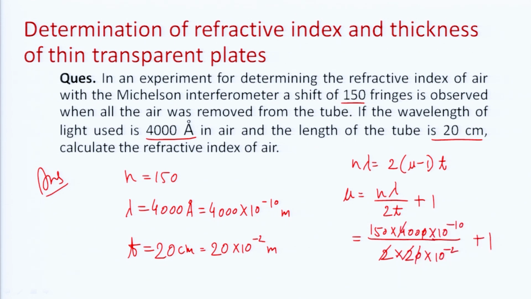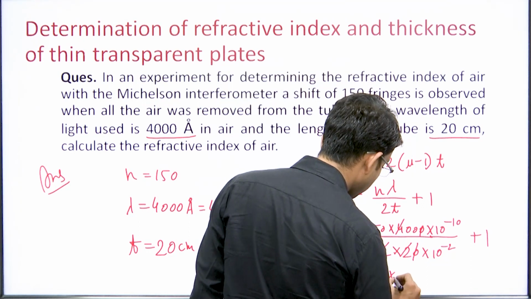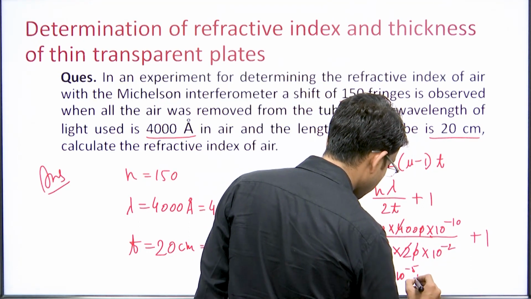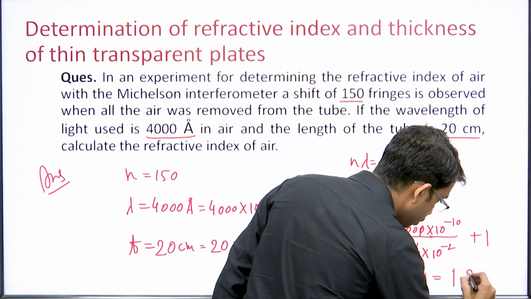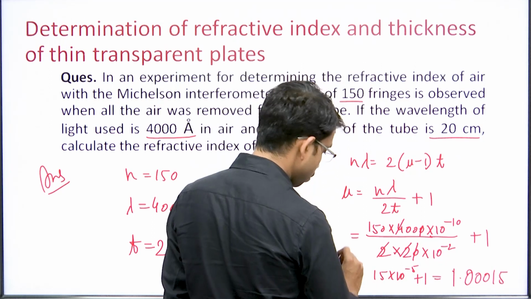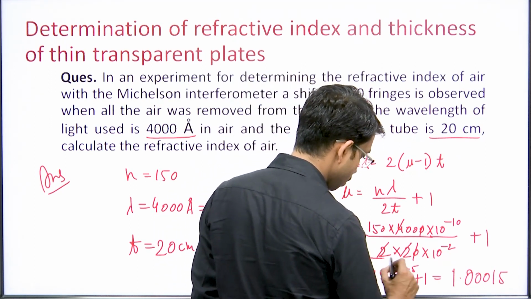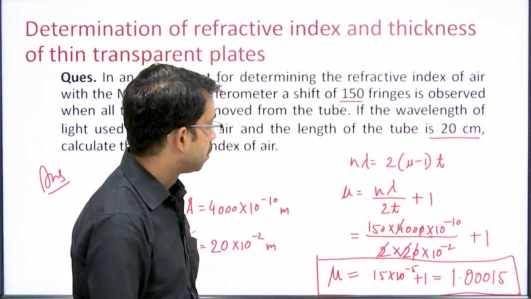Okay. So, let us solve this. This will be 15 into 10 to the power minus 5, plus 1. So, how much is the refractive index? 1.00015. Okay. So, this is the refractive index of air, almost equal to 1. Fine.